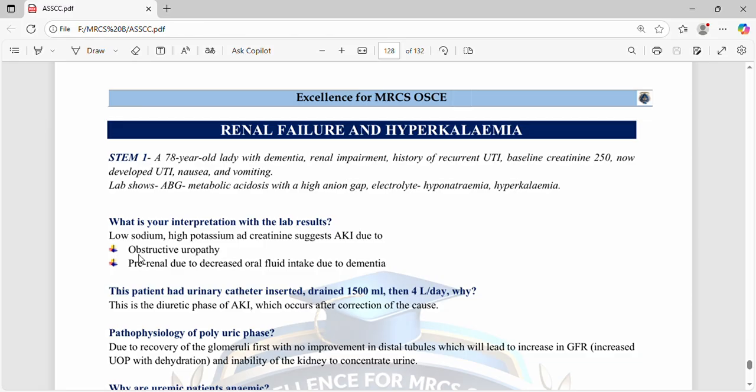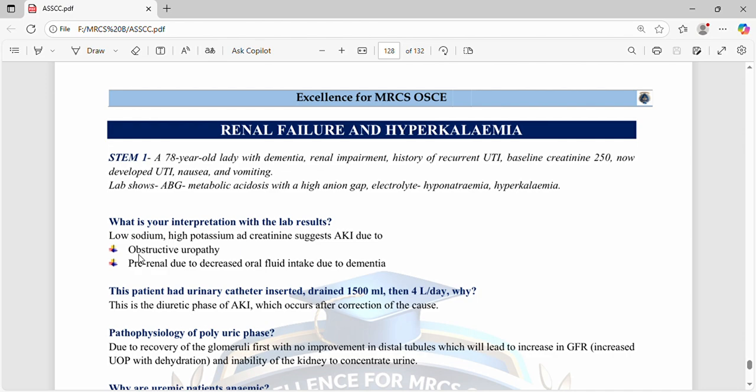So what is your interpretation of the lab results? So low sodium, high potassium and creatinine suggest AKI, acute kidney injury due to obstructive uropathy, because she has a history of recurrent UTI and renal impairment already, and dementia.